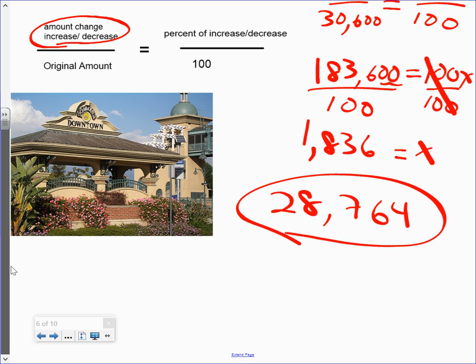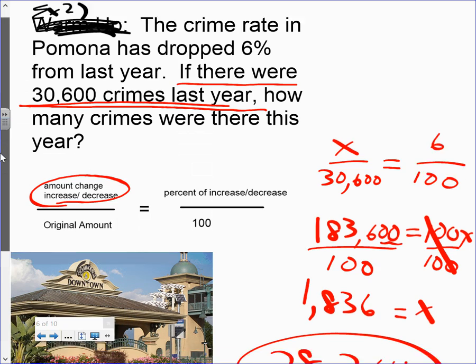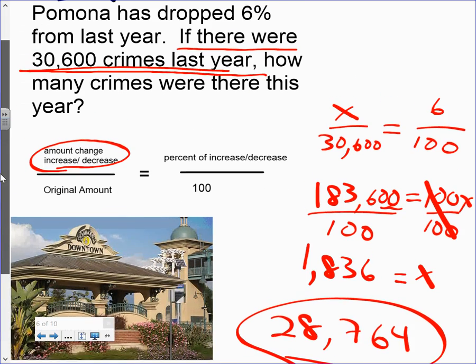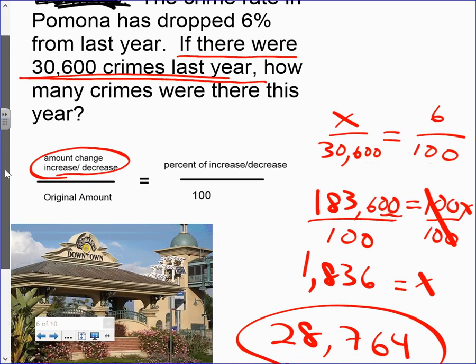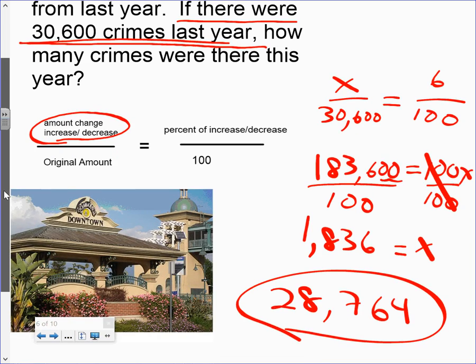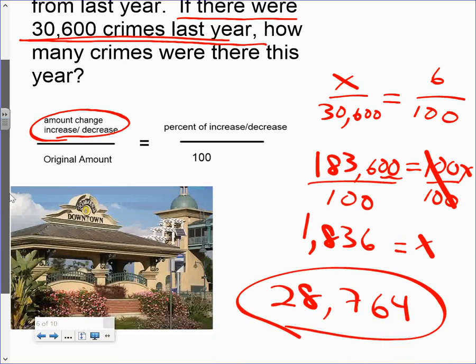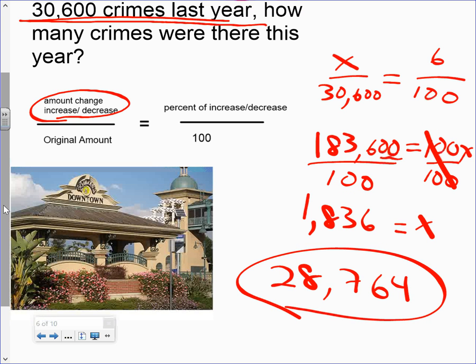How much percent of decrease? How do you know it's 6%? Right, the problem told us. How many crimes were there originally? How many crimes did it drop by? But how many crimes was that actually? Good. So the new amount of crimes is 28,764.